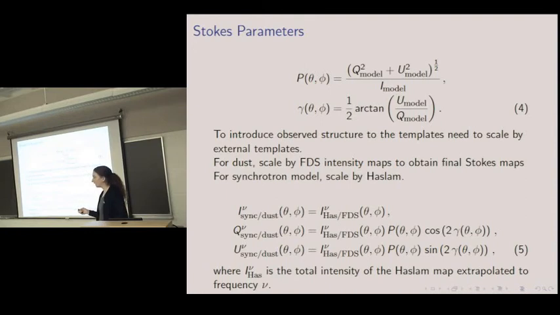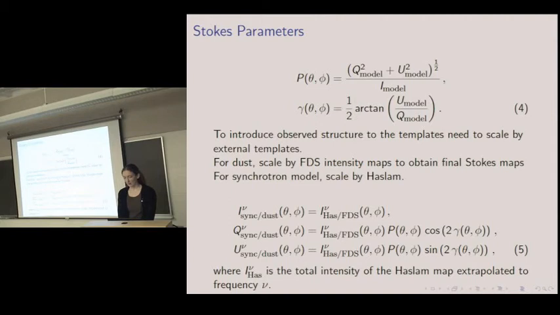However, to include the observed small-scale structure, we then have to scale this by the external intensity templates. So what we do is, for intensity, our model comes from the external templates, and for Q and U, the predicted templates have this normalization, where you multiply by the Haslam template, multiplied by the polarization fraction and including the angle.